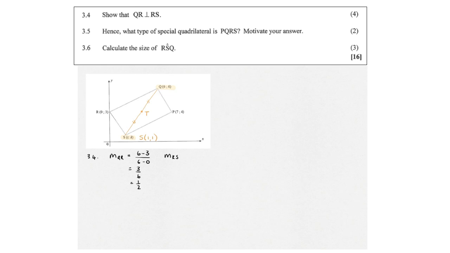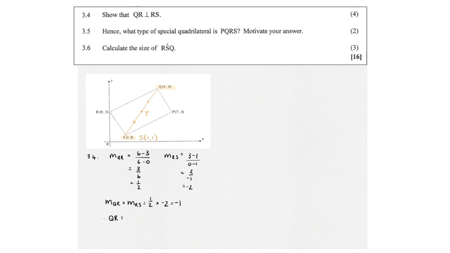And then we do the same to determine the gradient of RS. That is equal to (3 minus 1) over (0 minus 1). And that simplifies to 2 over -1, and that equals -2. And now we determine the product of the 2 gradients. That is equal to a half times -2, and that is equal to -1.